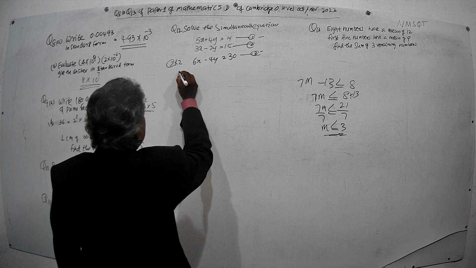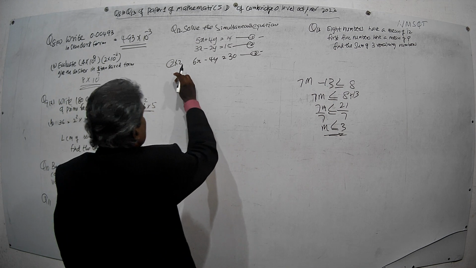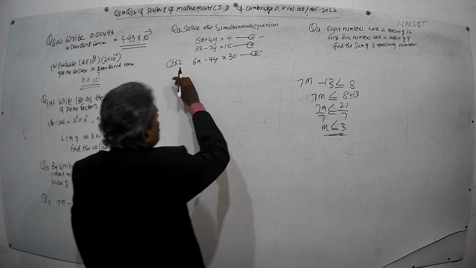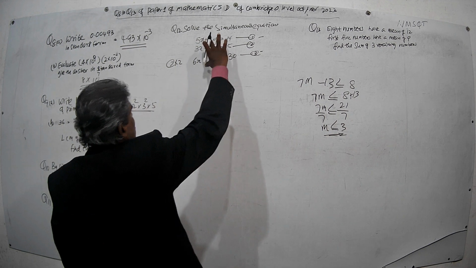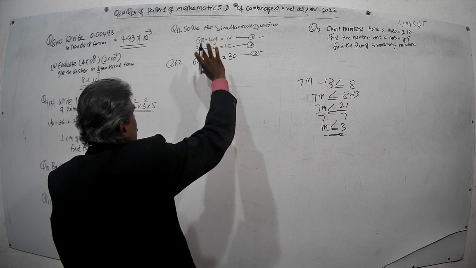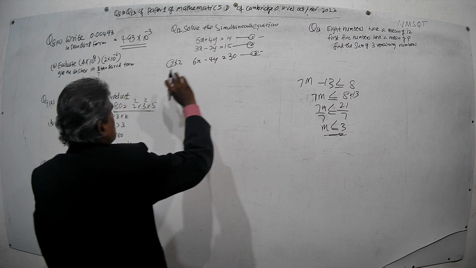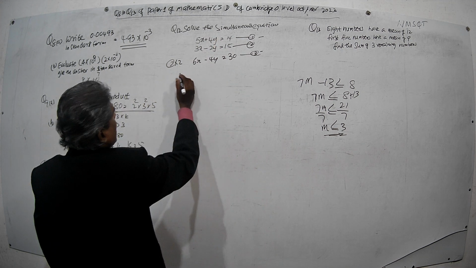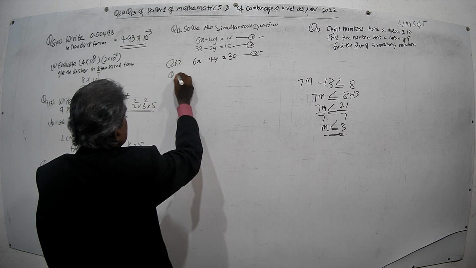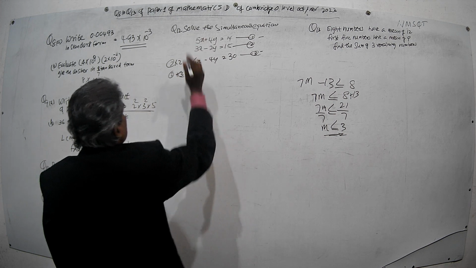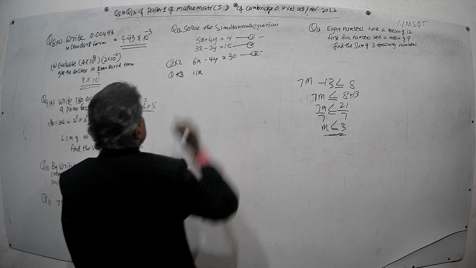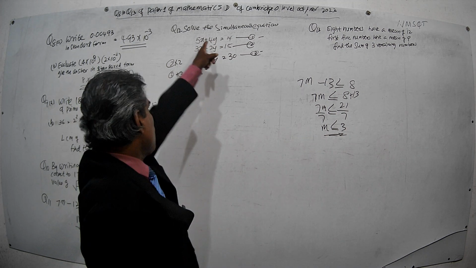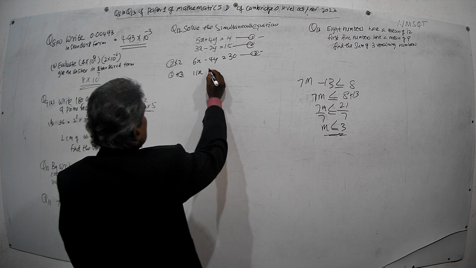If the coefficients are of different signs, you have to add. If the coefficients are of equal signs, you have to deduct. That is the principle to remove. Then you write first one plus third one. Then 5x plus 6x is 11x. Then plus 4y minus 4y is 0.